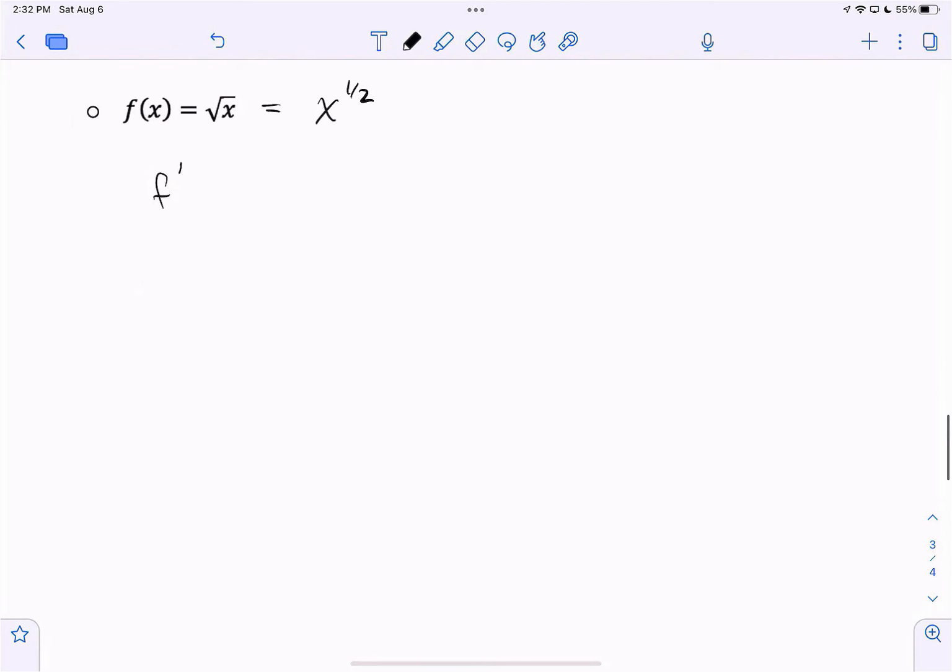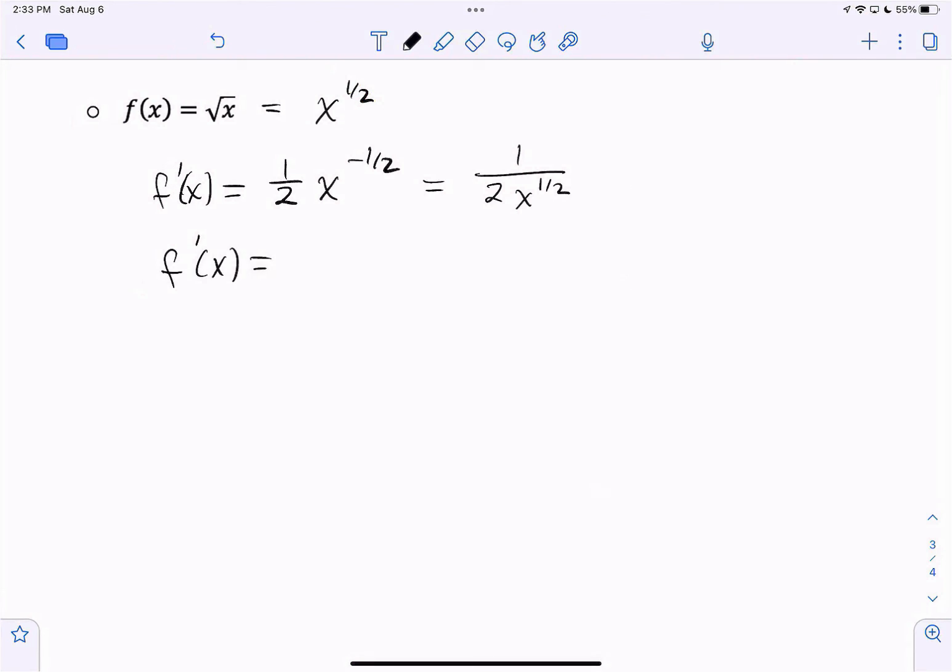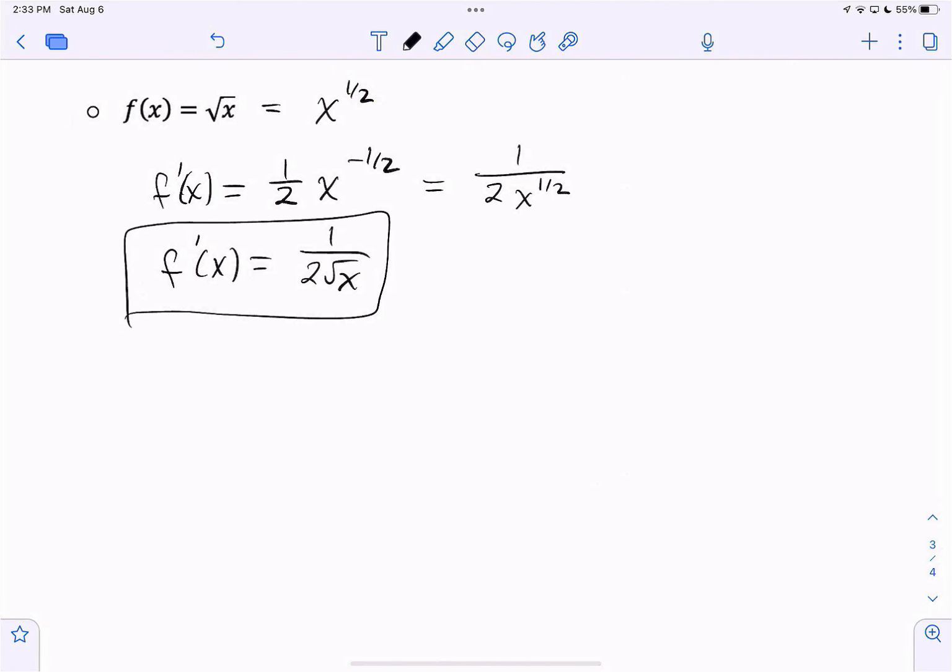Then f prime of x is going to be, well, that exponent is 1/2, so I bring that out front as a coefficient. 1/2 times x to the, and then when I subtract 1 from 1/2, I get negative 1/2. I'm going to rewrite that as 1 over 2x to the 1/2. And then I'm going to rewrite it further. So f prime of x is equal to 1 over 2 times the square root of x. That does it for that one.